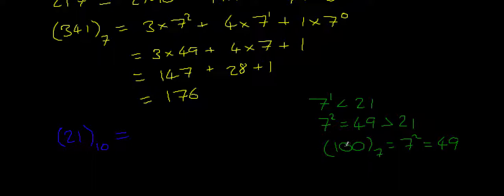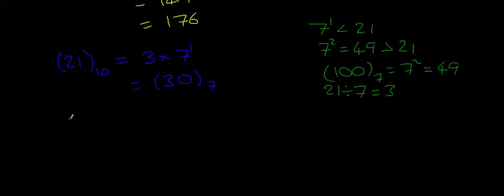So we know it's going to be 2 digits, and now we need to establish how many times 7 to the first power goes into 21. Of course, 21 divided by 7 is equal to 3. So that tells us that 21 in base 10 is equal to 3 times 7 to the power 1 with no remainder. So this is equal to 30 in base 7.